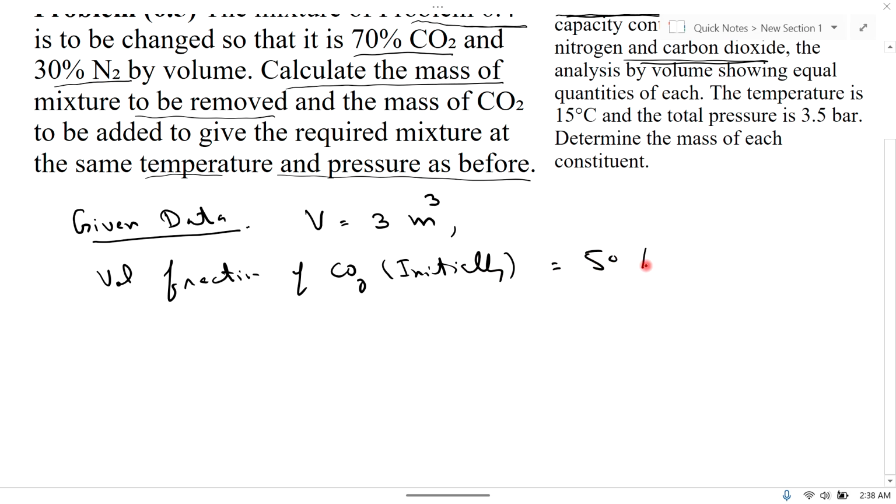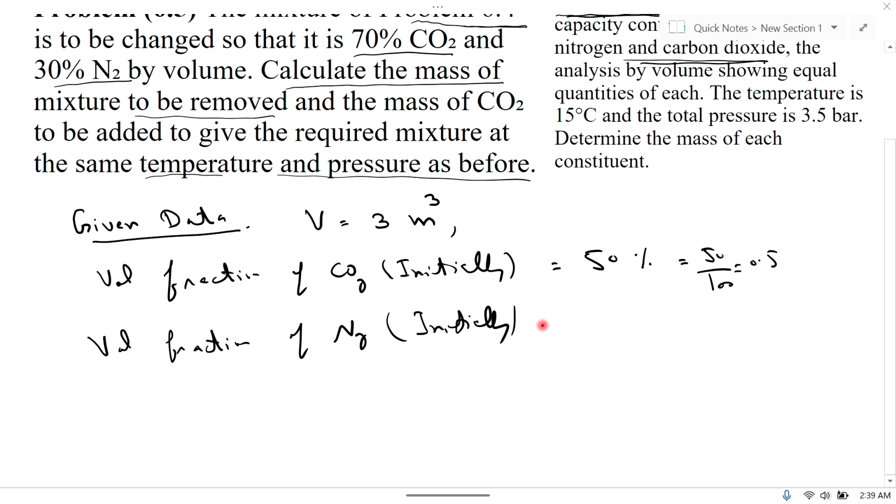Equal to 50% means 50 divided by 100, which is equal to 0.5, and the volume fraction of nitrogen initially is also 50%. Both are equal: 50% nitrogen and 50% carbon dioxide.